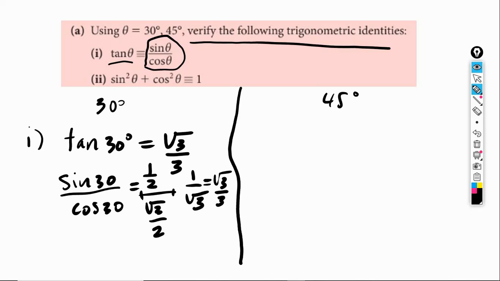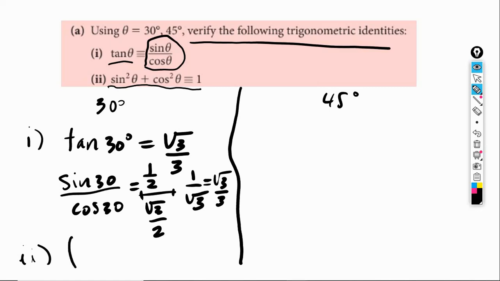The other part that we have to prove is this one here, part 2. It says sine squared plus cosine squared equals 1. So for part 2, we would say then that sine squared of 30 plus cosine squared of 30 has to equal 1. Okay? So what's sine squared of 30?